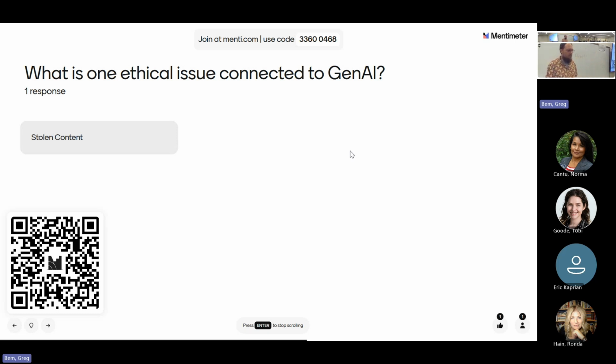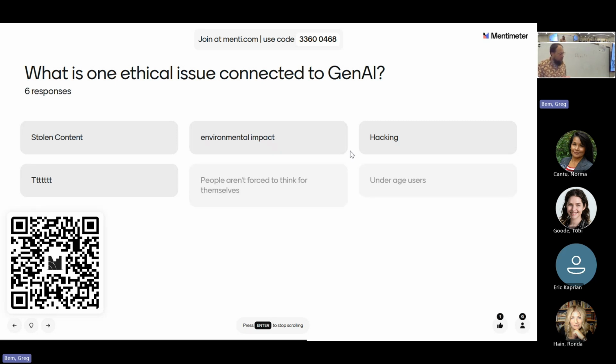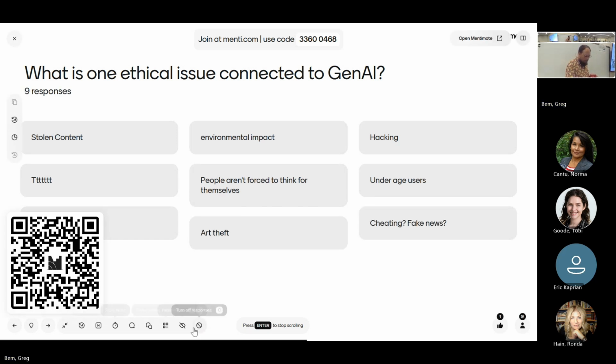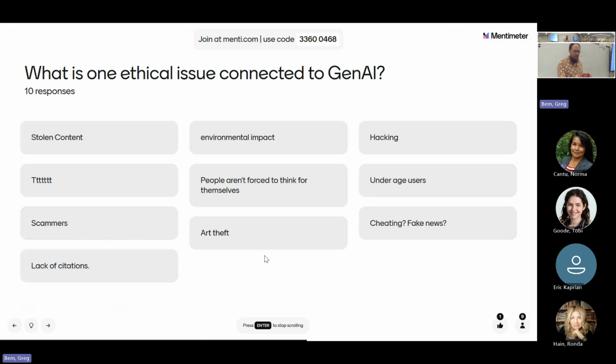Stolen content, yes. Intellectual property issues. Environmental impact, yes, definitely. Hacking, interesting. Curious about that. People aren't forced to think for themselves. That is a fantastic point. Underage users, interesting.